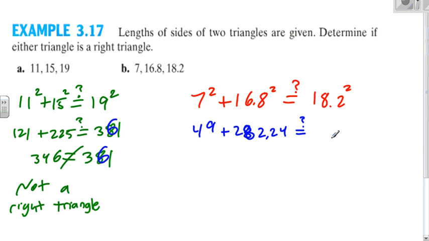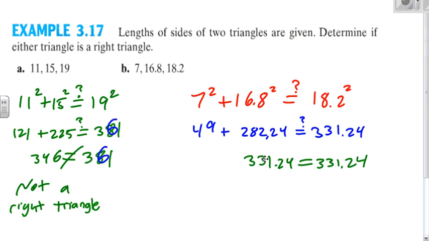And 18.2 squared is 331.24. 282.24 plus 49 is 331.24. So those are equal. So yes, it is a right triangle.